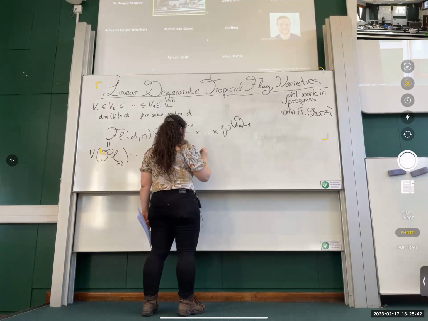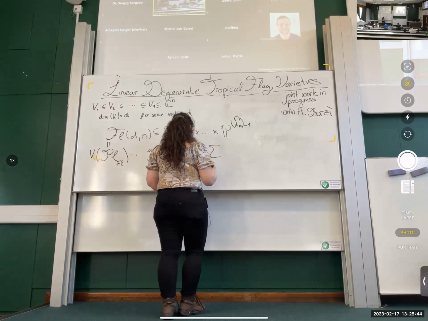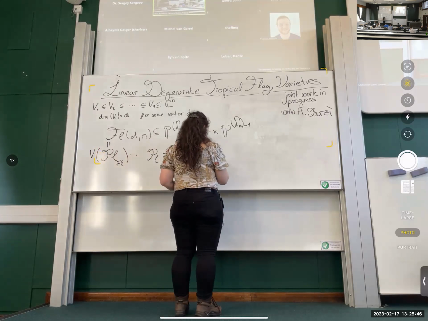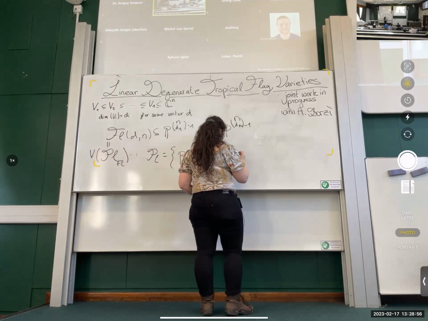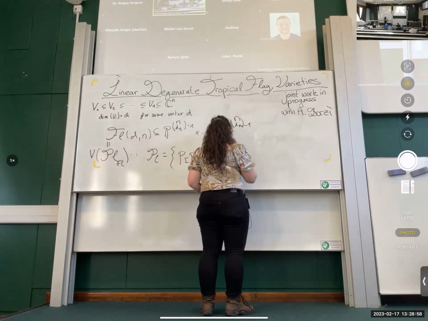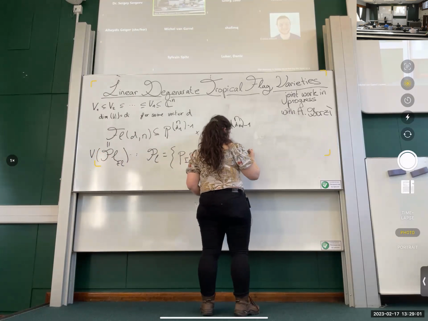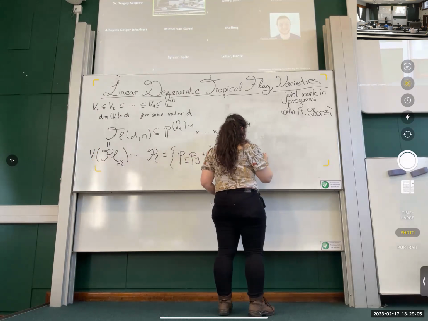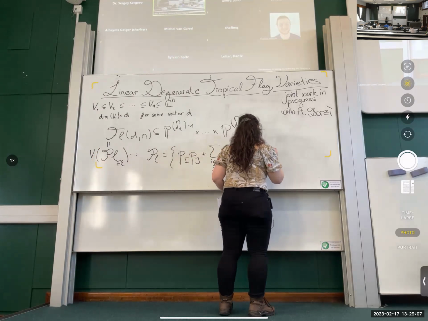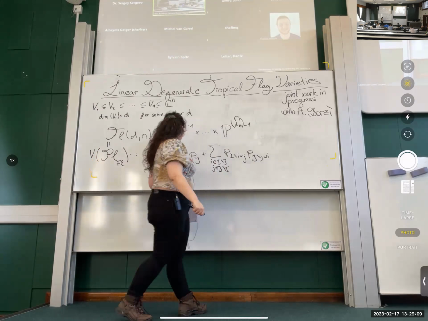p_I p_J plus a sum over all i that are in I set minus J and j that are in J set minus I of the respective Plücker terms that happen if you kick out the small i from the big I and put in a small j instead. And you do the symmetric thing on the other side, so you kick out the j and put in an i on the other side.